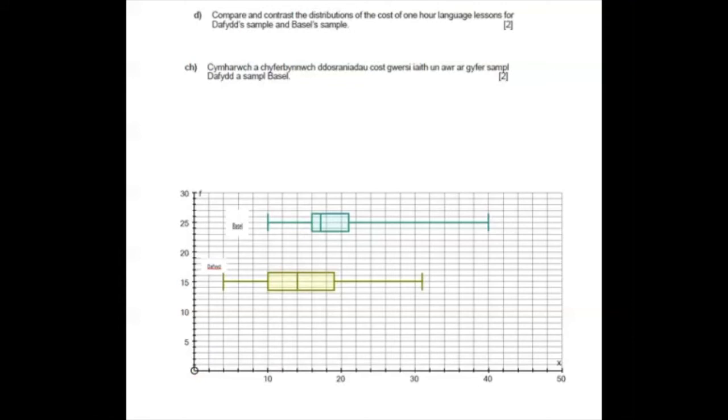The spread of the data is usually represented by the interquartile range, and so Basil's interquartile range is small. Davits' interquartile range is much larger, so Davits' range of values are wider than Basil's. So Davits' costs are more variable.